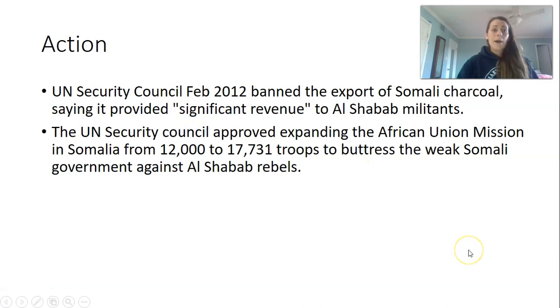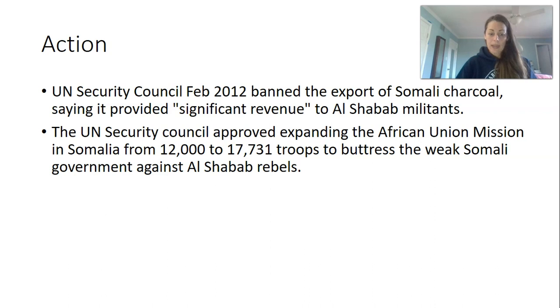Okay. So the UN Security Council in February of 2012 banned the export of Somalian charcoal to other countries, saying it provided significant revenue to the terrorist organization Al-Shabaab.